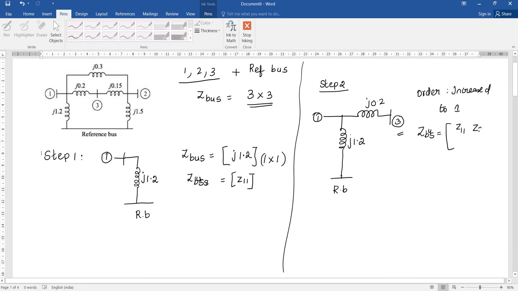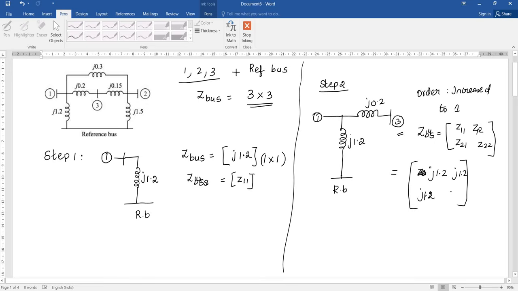Z11, Z12, Z21, Z22. The same element I am going to write for Z11. So Z11 is what? j1.2. Now the same element is copied to the next row, again j1.2. The same element is copied to the next column, j1.2.